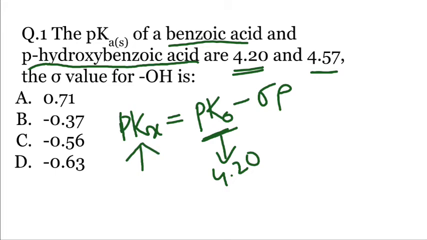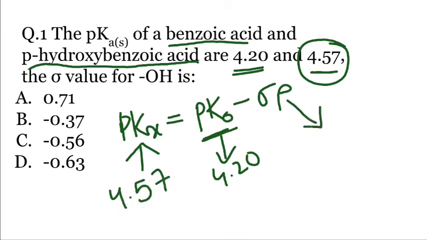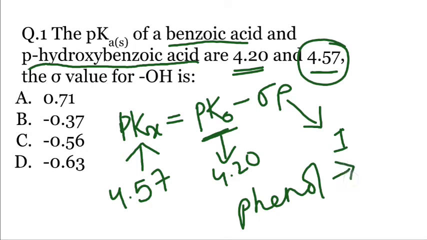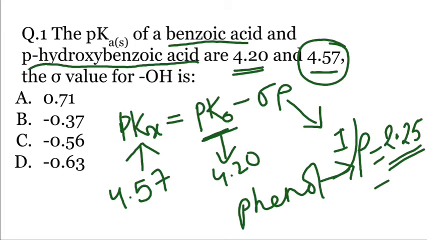This is a substituted benzoic acid, it may be para or meta. And always remember one thing, that the rho value for benzoic acid is taken as 1, and for phenol the rho value is equal to 2.25. This is fixed. You have to remember that.